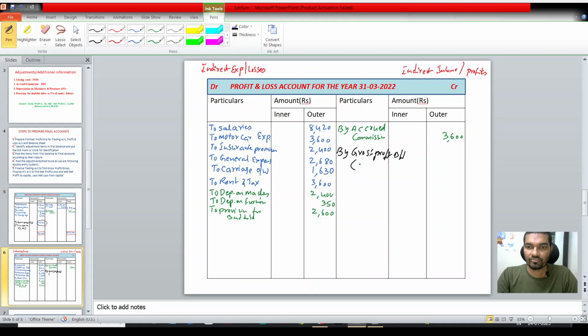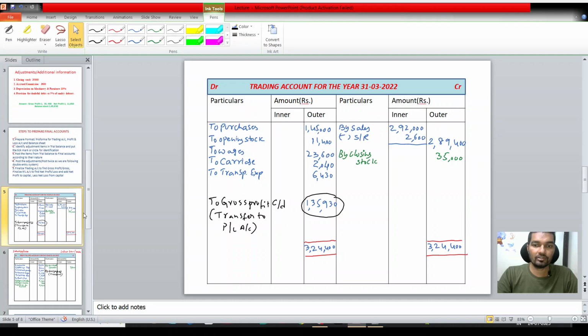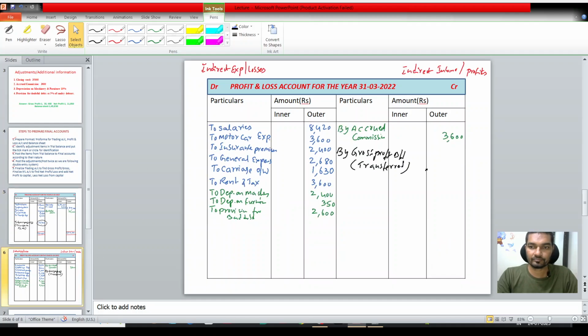This is the transferred figure, 1,35,930. Again we need to total this P&L account.